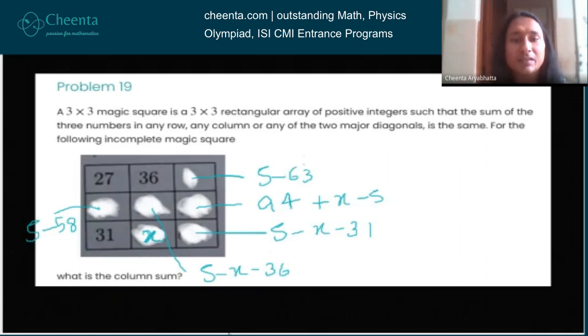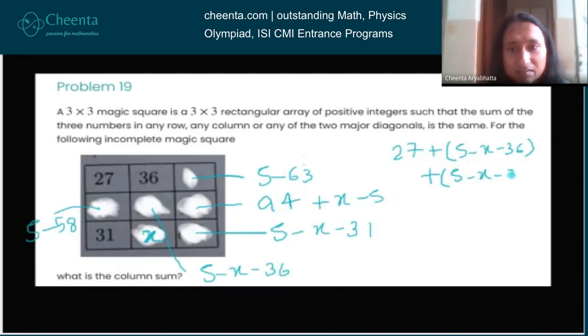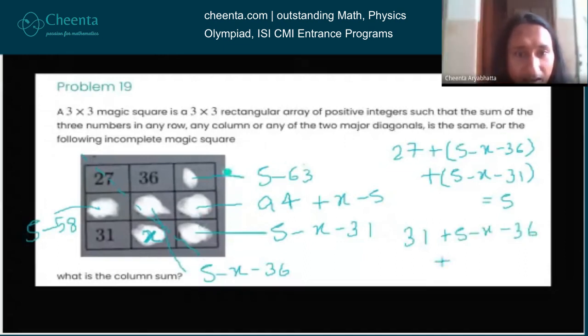Now we are going to use the diagonals. The sum of the first diagonal is 27 plus S minus X minus 36 plus S minus X minus 31, and that is equal to S. I'm talking about this diagonal here. And the sum of the other diagonal is 31 plus S minus X minus 36 plus S minus 63.